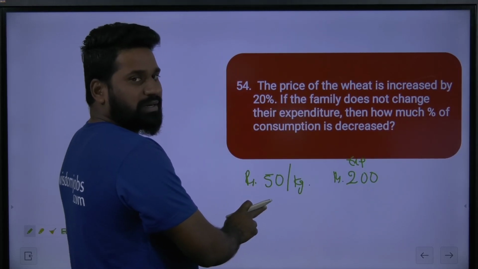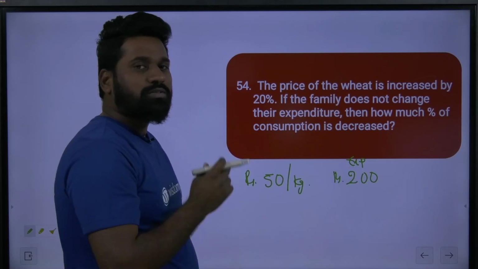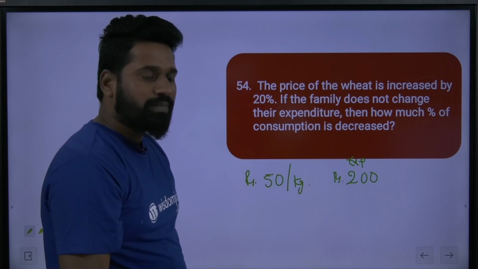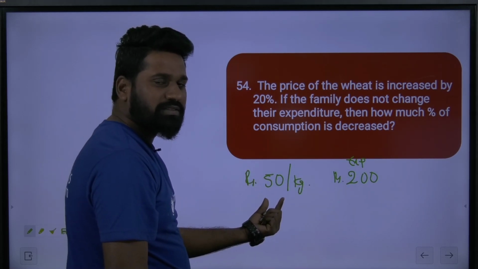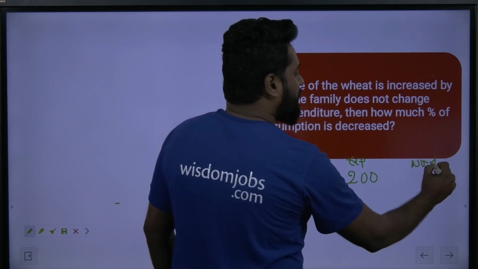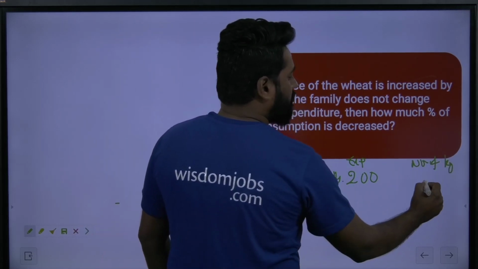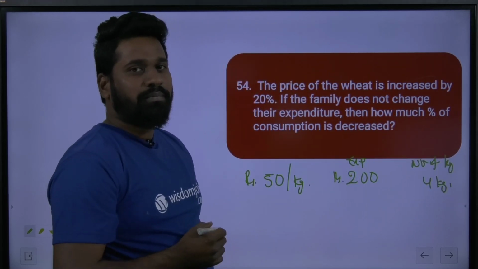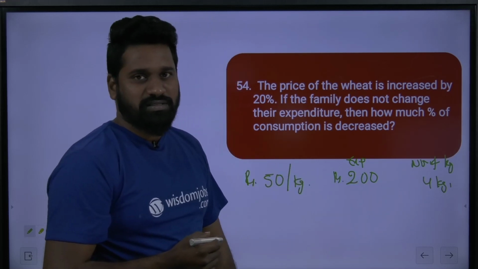So 50 rupees per kg, 200 rupees is the total expenditure. So how many kgs will you get for 200 rupees? Because each kg is 50 rupees, so 200 by 50. The number of kgs you will get, or consumption, should be 4 kgs every month. Consumption of wheat per month is 4 kgs.